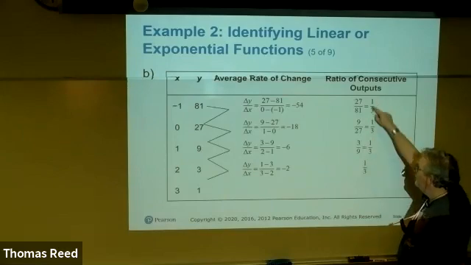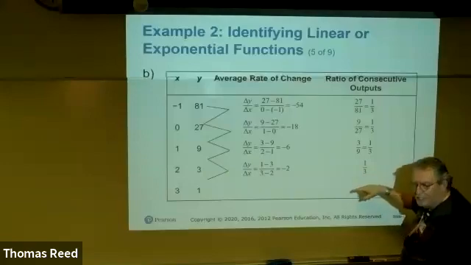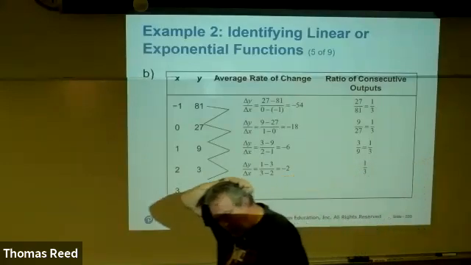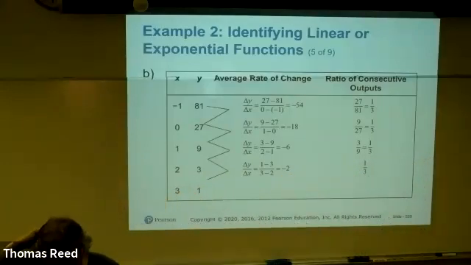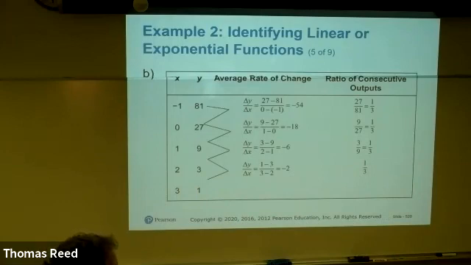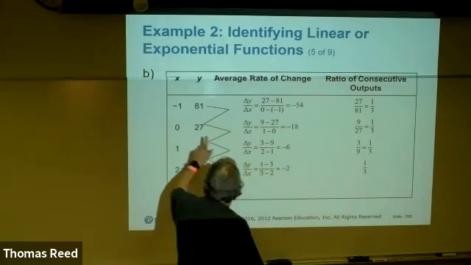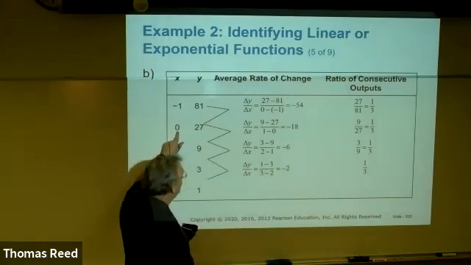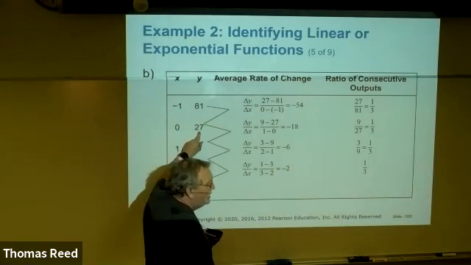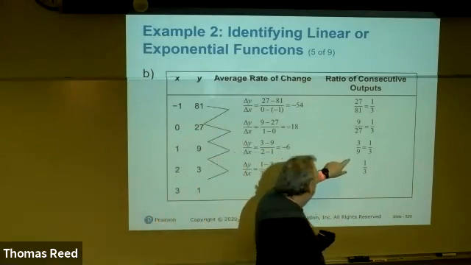So when you do those, you get the ratio, and that's the base of the exponential. So it's going to be 1/3 to the x. And the initial value is when x is 0, so the 27 here is the initial value.